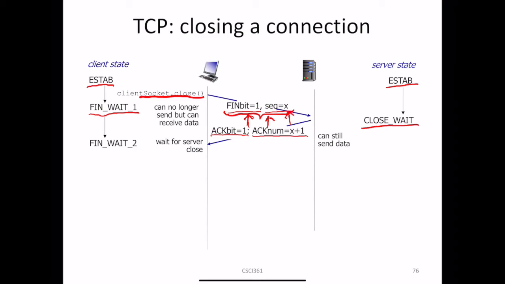It sends this segment to the client side. When the client side receives this segment, it will set the client state to FIN wait 2 state, which waits for the server to close.